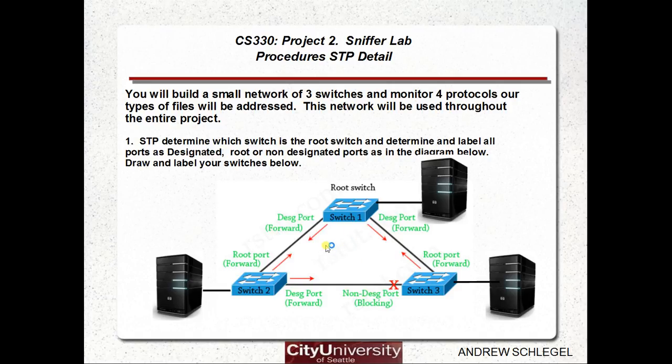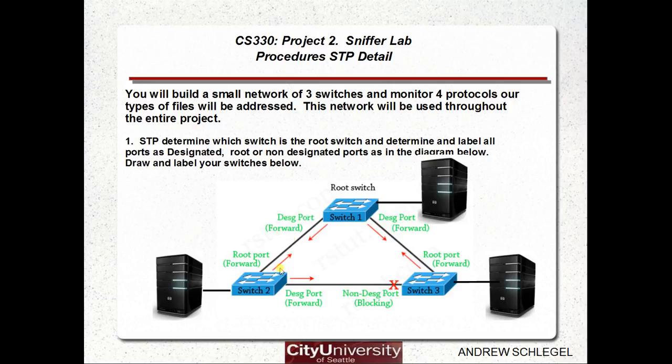Whatever switch has 2 designated ports is the root switch, which is kind of confusing because somehow you just think if it has a root port, then it's a root switch. No, because the root port goes to the root switch, right? This switch 1 is the root switch in this picture.